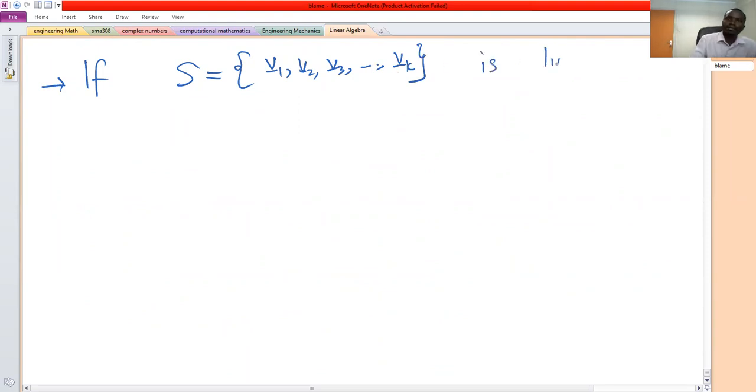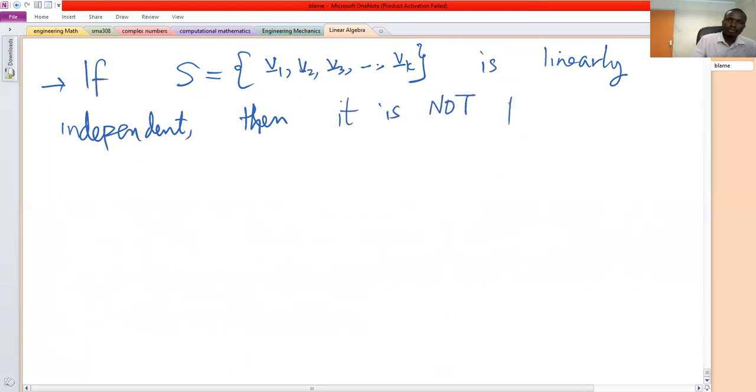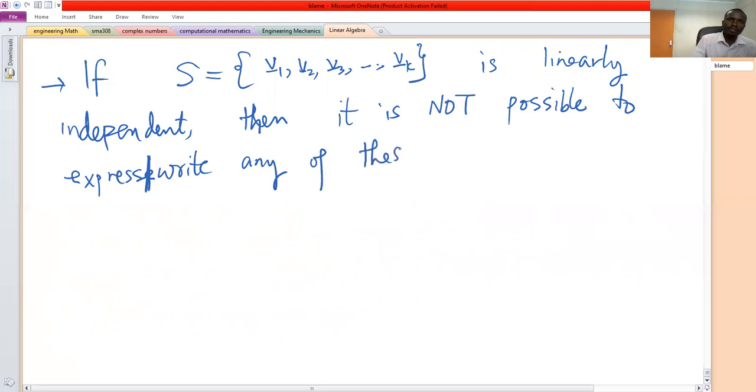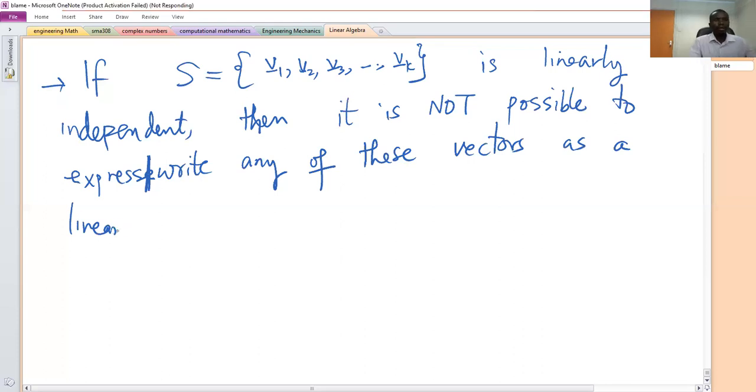And if this set of vectors V1, V2, V3 up to VK is linearly independent, then it is not possible to express or write any of these vectors as a linear combination of the remaining vectors.